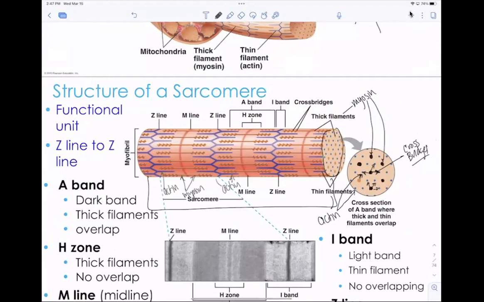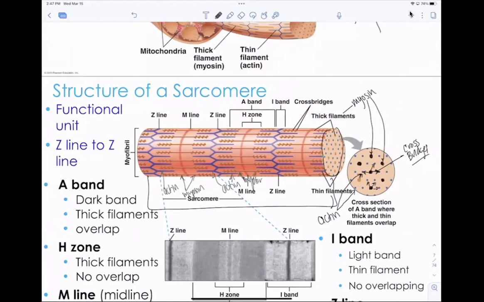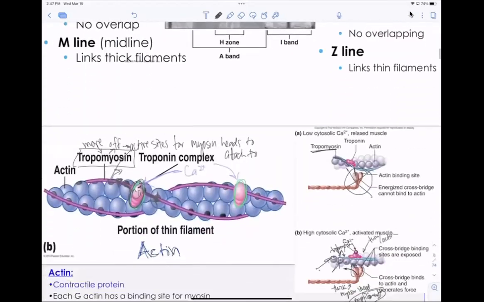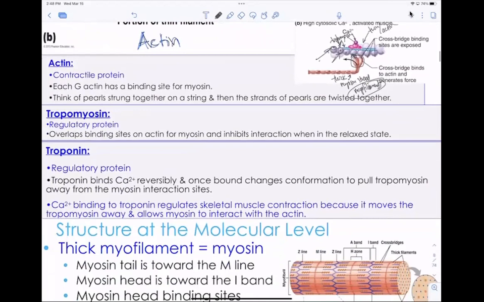Actin, thin filament is blue. And then again, myosin, the thick. So you can see these little guys right here. Those are the myosin heads sticking up. So actin and myosin are contractile proteins.